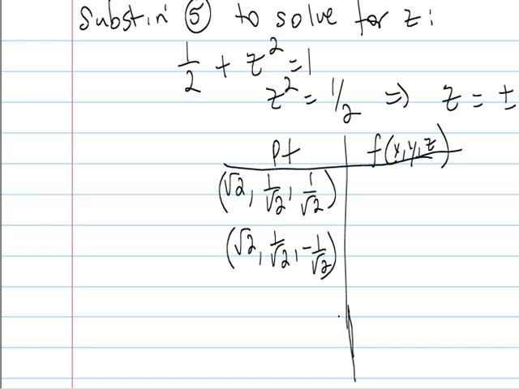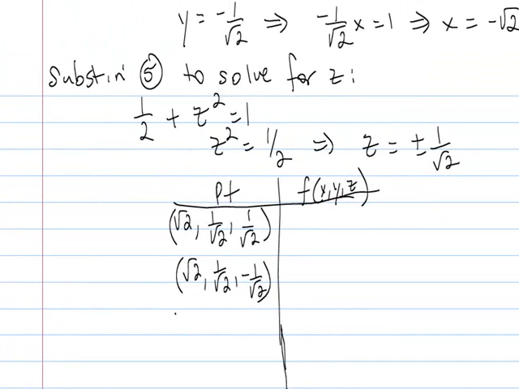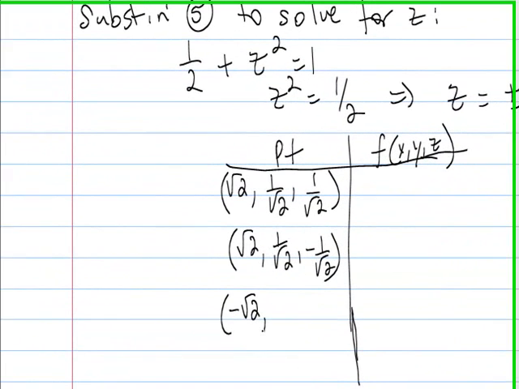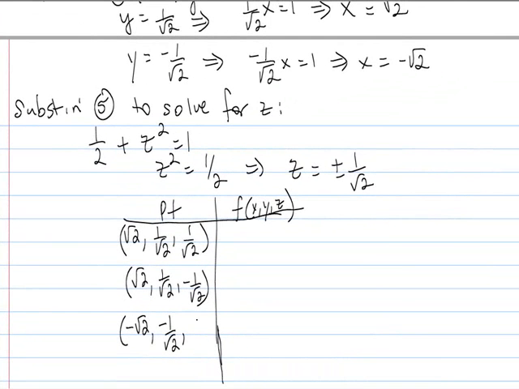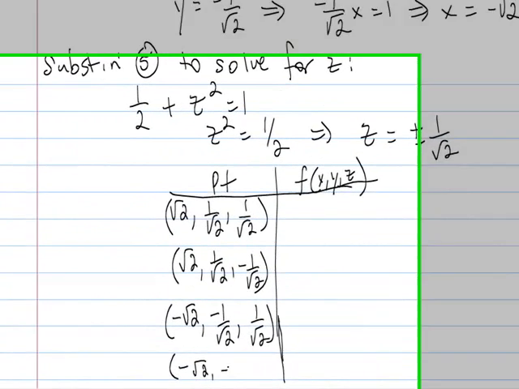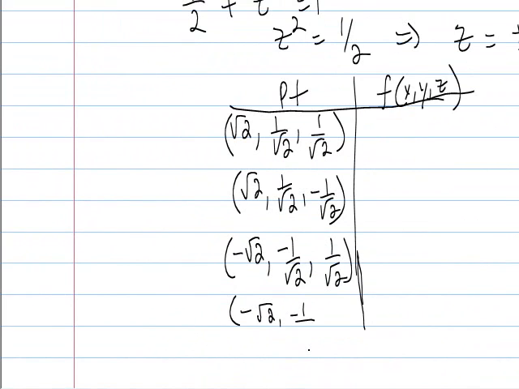And then we have the other x and y. So x is minus square root 2, y is minus 1 over square root 2. We have 1 z to be a positive 1 over square root 2. And then we have another z to be minus 1 over square root 2.